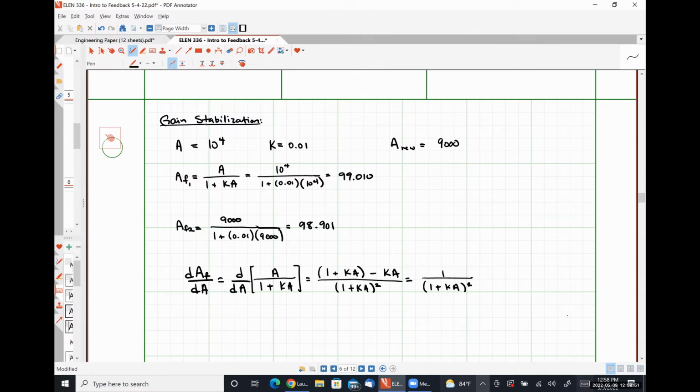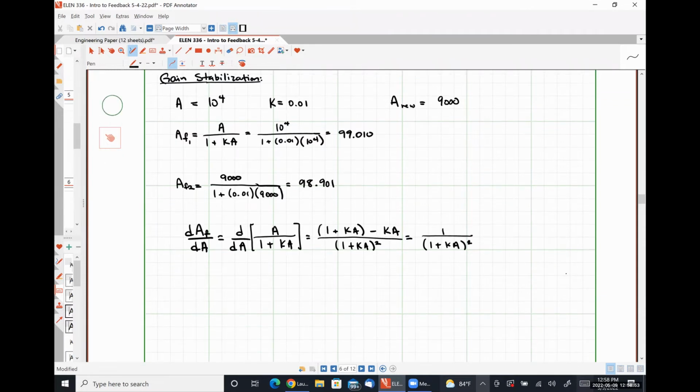So the change in the closed loop gain, dAF, is simply dA, the change in the open loop gain, multiplied by this factor. I'm going to explore that really briefly here, right?